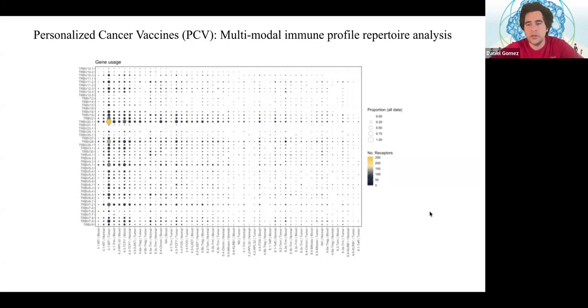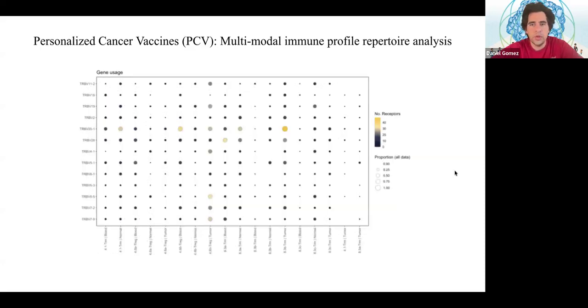So here we can get a clean readout of the gene usage for the multimodal immune profile repertoire. Same thing here. We can see the usage over here, but in 4.6b Tregs and tumor, we can see the most TRBVs, and there are also some tissue resident T cells in the tumor in 8.3b.